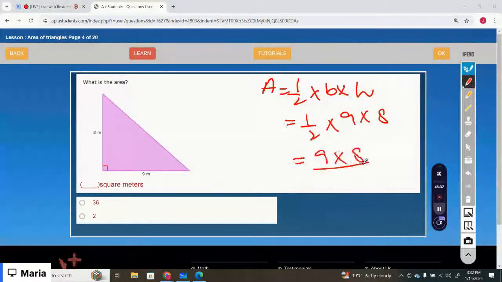You can write it like this, 9 times 8 over 2. And then you can divide it by 2 because you can. 2 times 4 is 8.